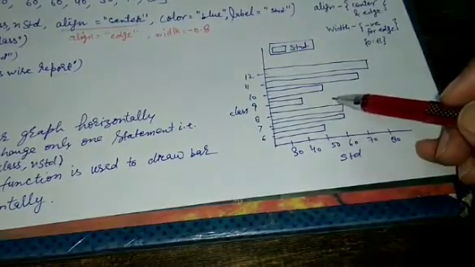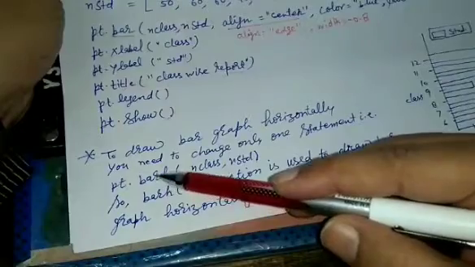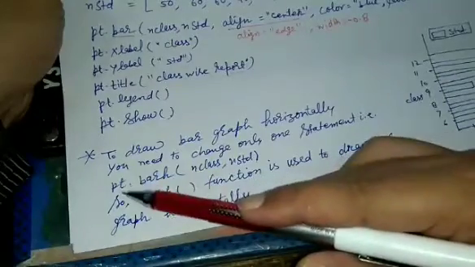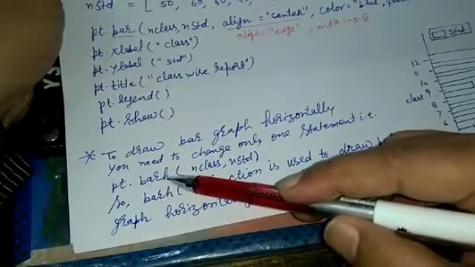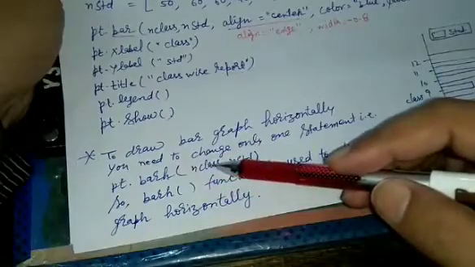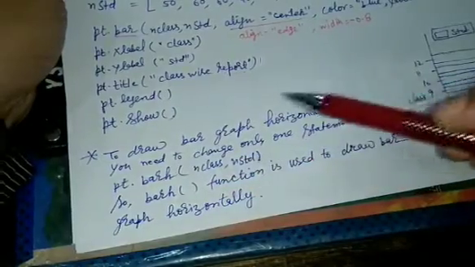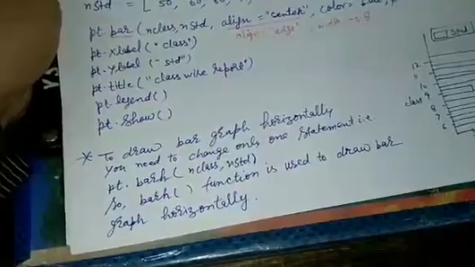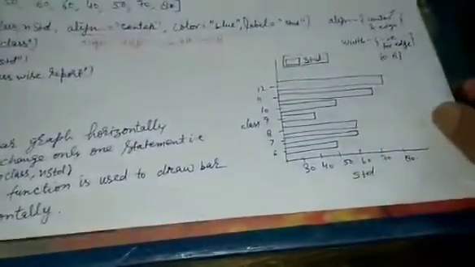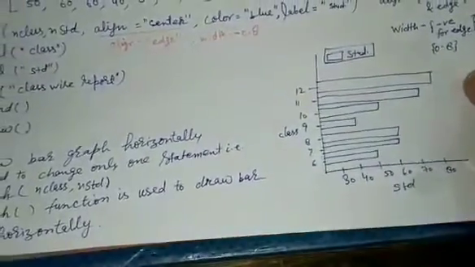So to draw a bar graph horizontally, you need to change only one statement in the above code: in place of plt.bar you write plt.barh, and the rest of the arguments will be the same. I think this will also be clear to you.